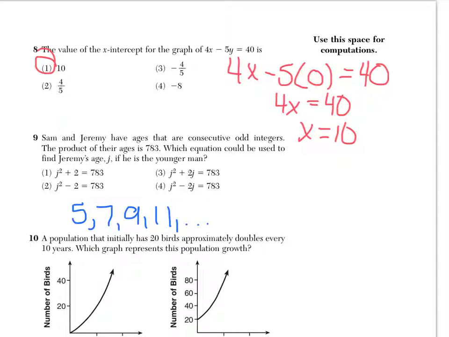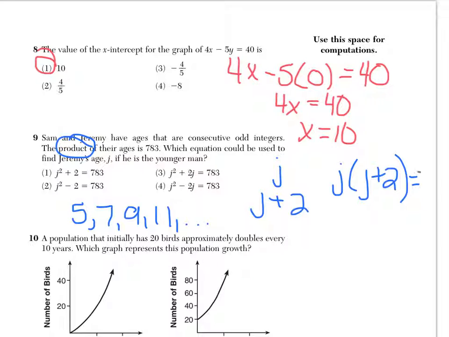So if Jeremy's age is represented with j, Sam's age must be j plus 2. So we know that their product is 783, and product means multiply. So j times j plus 2 has to equal 783.